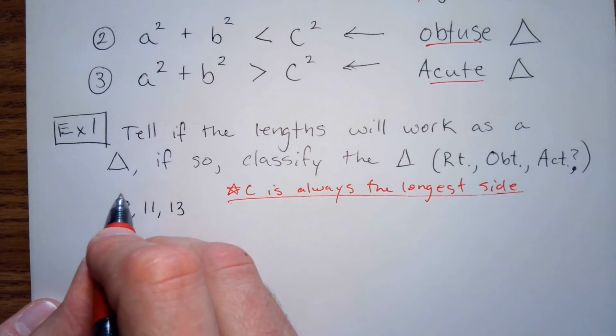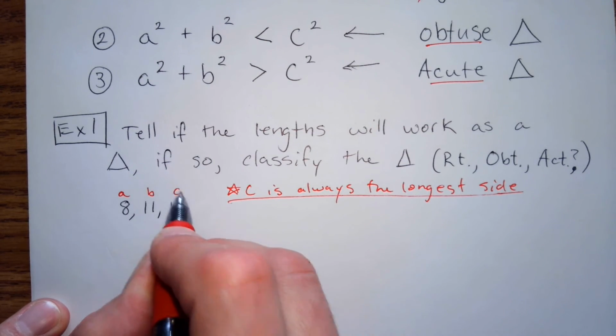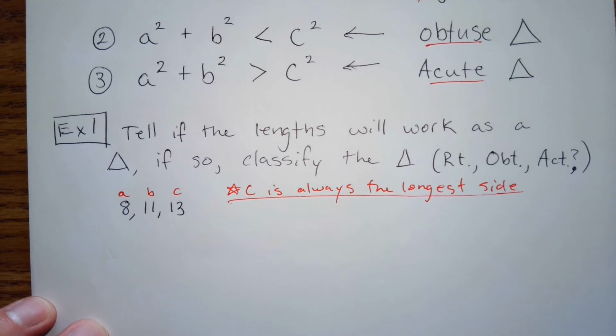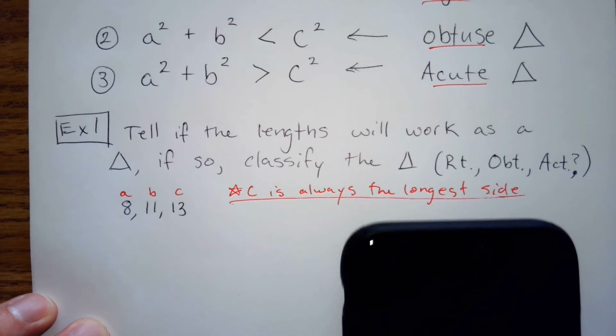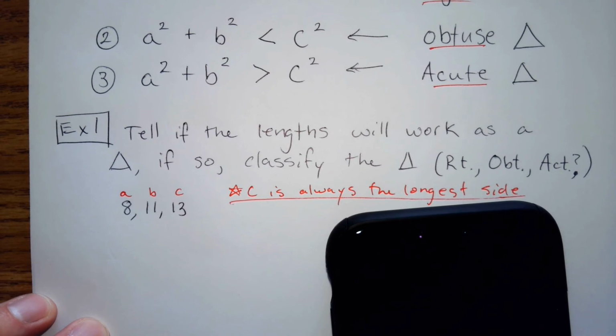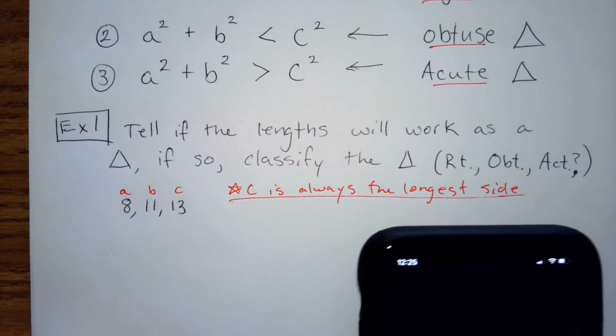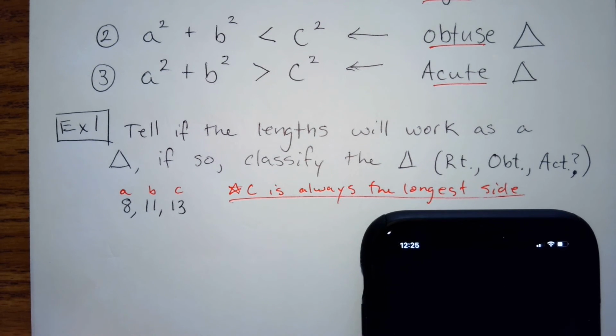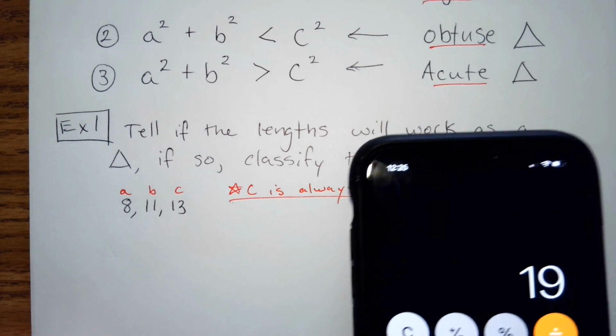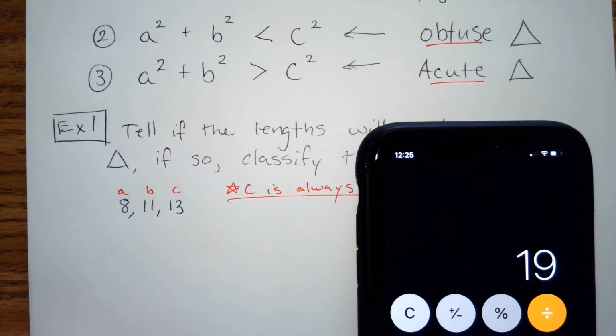So then I'm just going to say this is A, this is B, and that's C. And then I'll check on my calculator. I have to make sure that when I add up two of them, it's bigger than the third. So 8 plus 11 gives me 19.